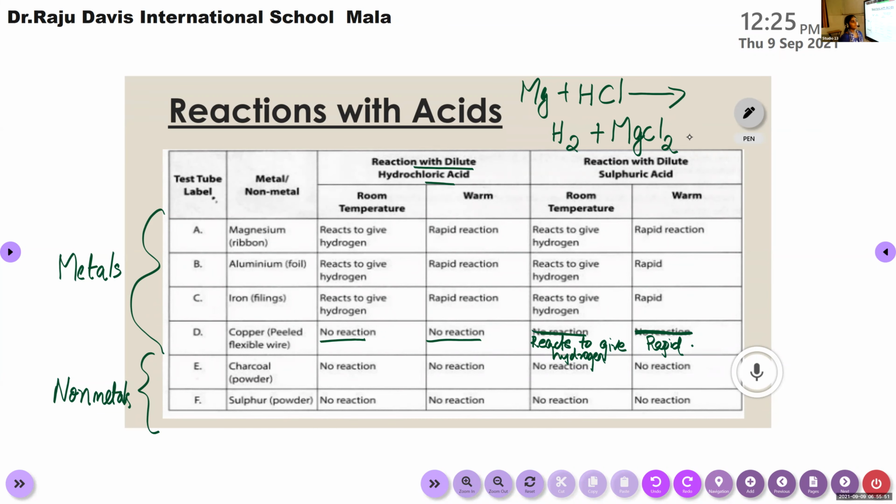So we can confirm that hydrogen is produced there. The pop sound is the confirmation for the presence of hydrogen formed during the reaction. In the case of non-metals, there will be no reaction, and when you bring a burning matchstick towards the mouth of the test tube, there will be no change, because hydrogen is not produced there. Okay, that's it.